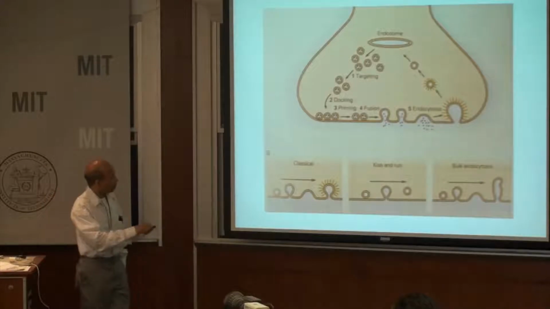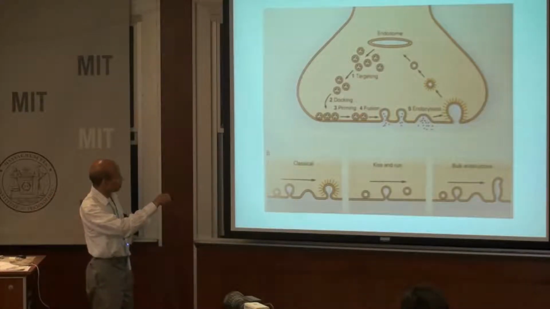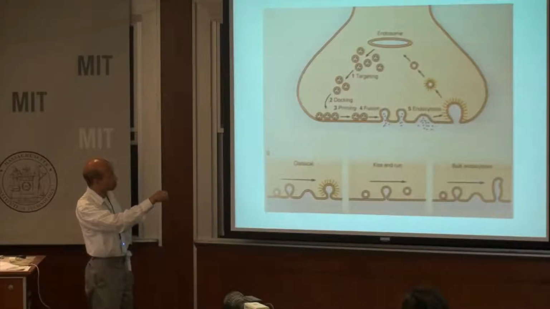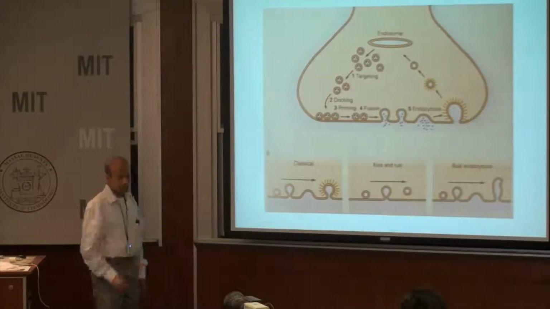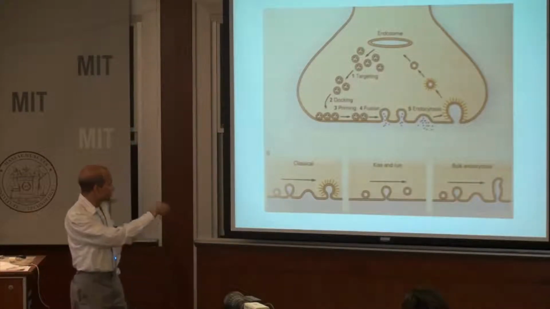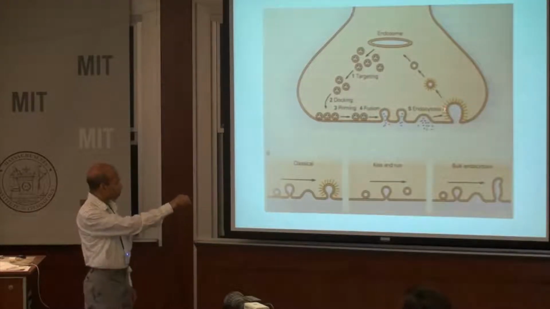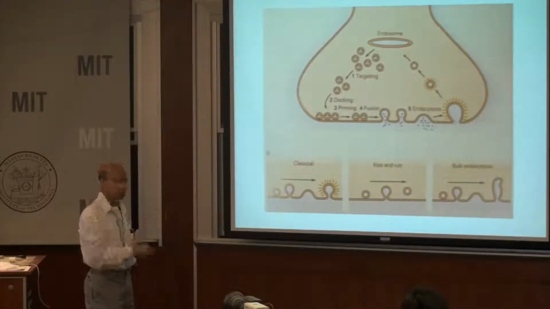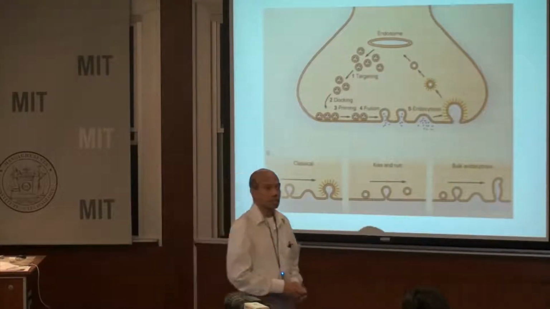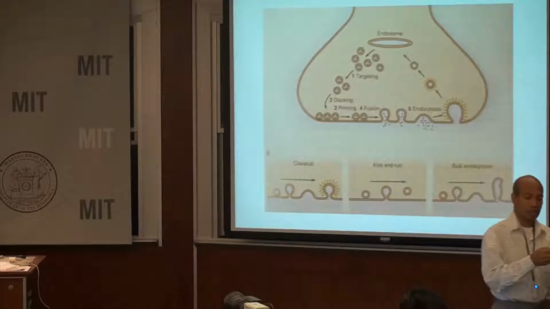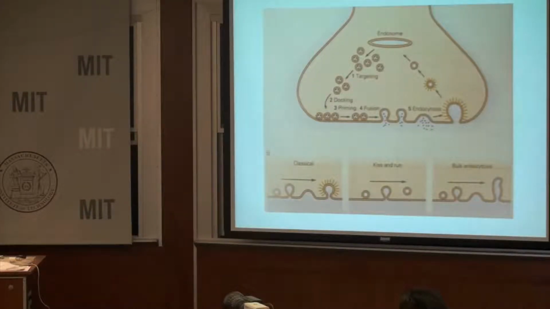And when it is released, this is a more close-up view. As the release process goes on, these contents come out, and some of these vesicles that are released are also endocytosed. So they go back and they get refilled, and they could be recycled. This is called the kiss and run mechanism, where some of the vesicles could be reused. If this process were not there for endocytosis, what would happen? If you would have these vesicles come out and add to the membrane of this presynaptic terminal, if this endocytosis was not there, what do you expect from an engineering point of view?